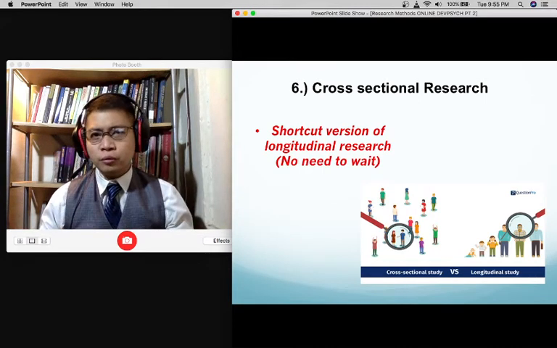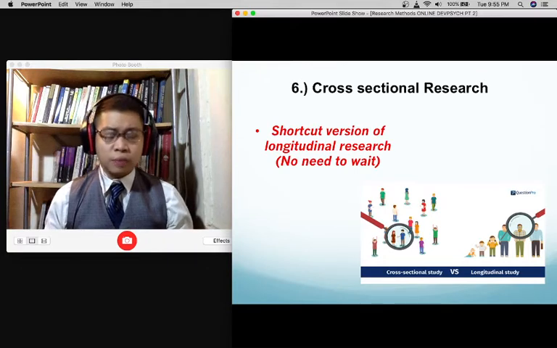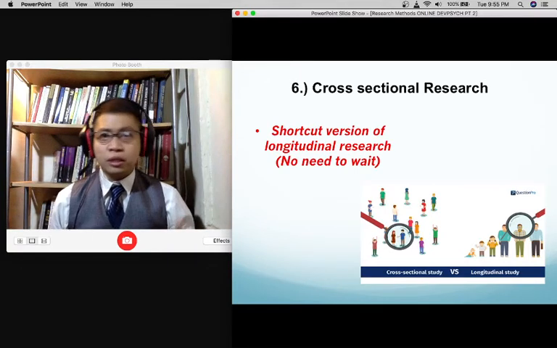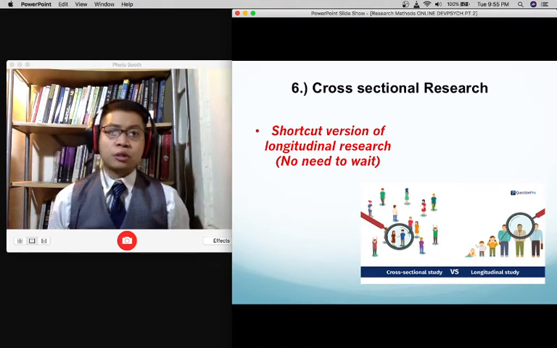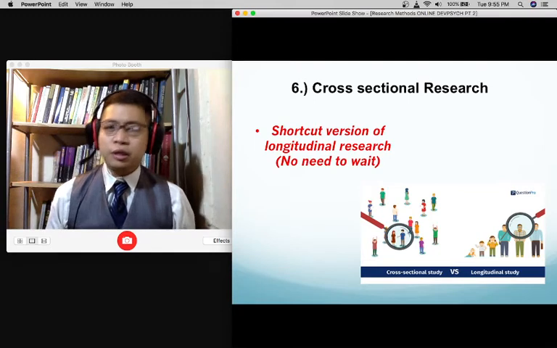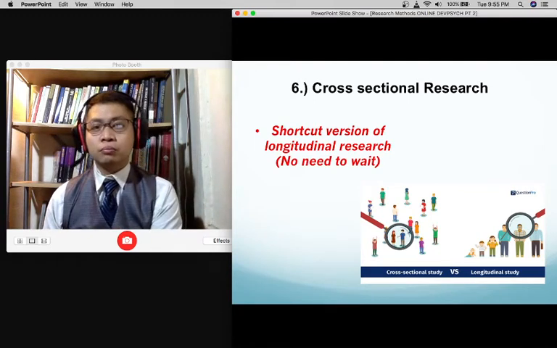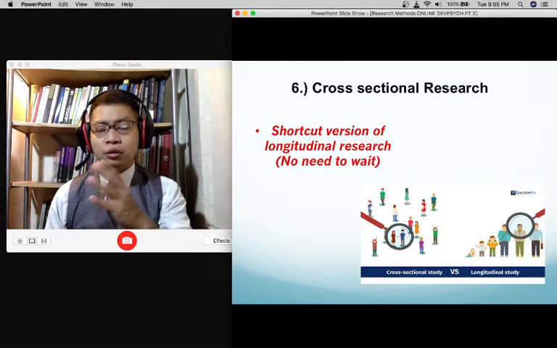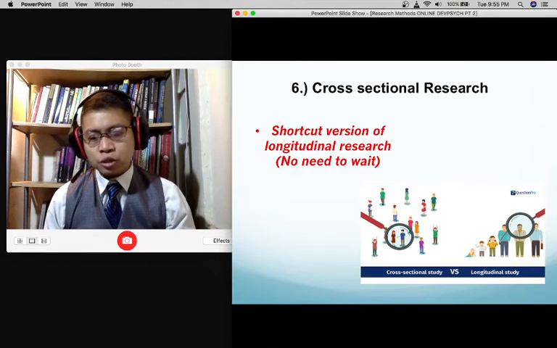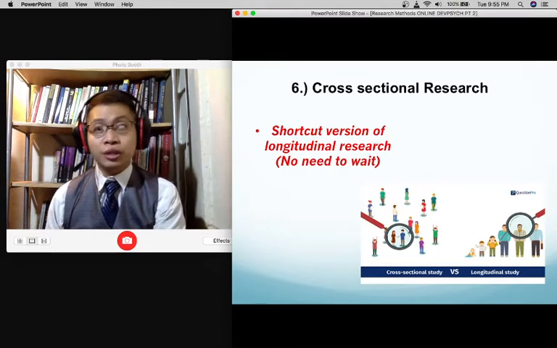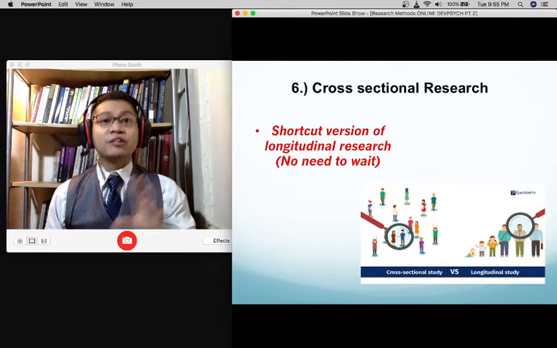But what if you are writing a thesis? What if you want to graduate immediately? Ayaw mo na mag-intay ng 1 year, you do a cross-sectional research. Because in cross-sectional research, basically what we do is, instead of waiting for one group to mature and enter different developmental stages, we already find groups in different life stages.